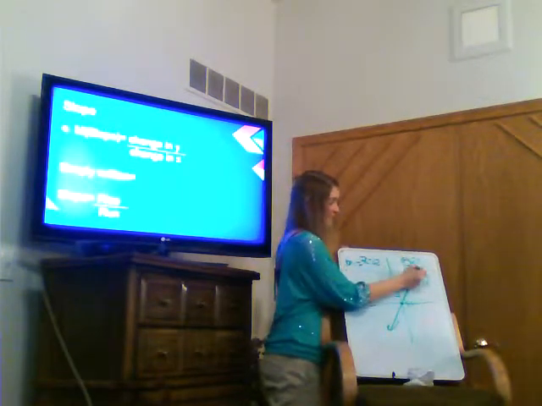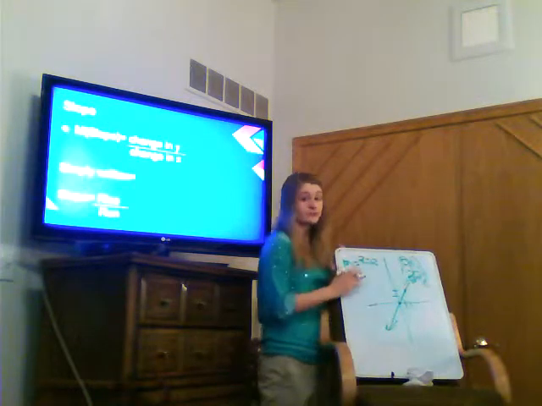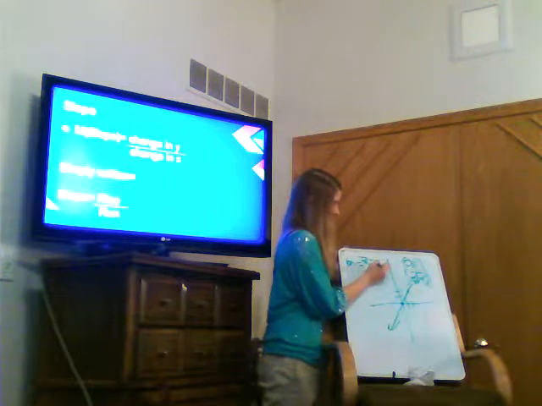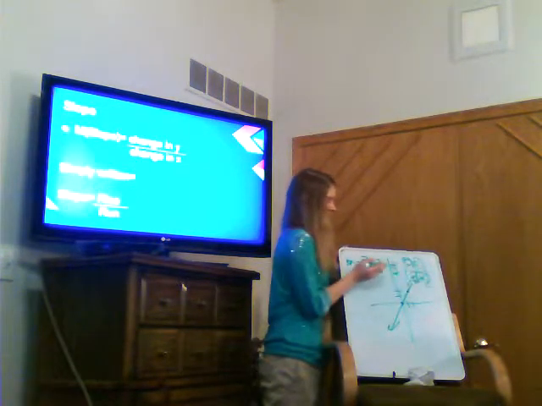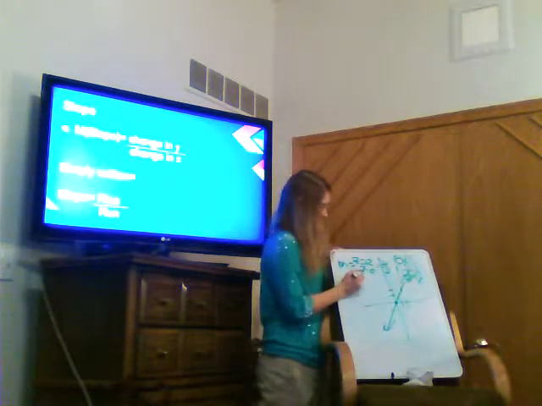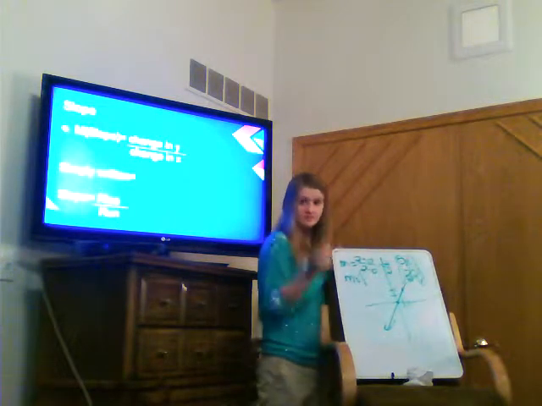So you have to keep with this one though. You can't jump up and put 0 minus 2 because then that will ruin your whole slope. So you go 2 minus 0, which equals 2 over 2. And what does that equal? 1. Yes. So m equals 1, which is your slope.